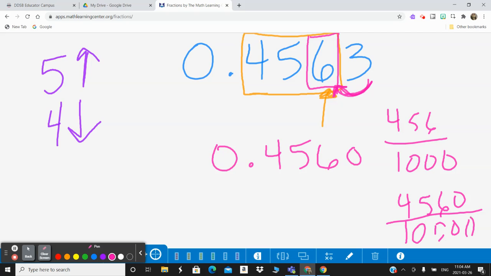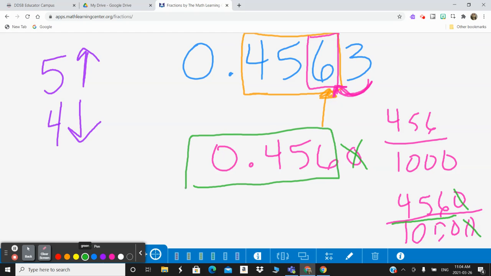That's that fourth column when we go over. And just to help you visualize this, I can drop a 0, and you'll notice we now have 456 thousandths again. So that 0 is there, it's implied, you don't have to write it. You would just do this part.